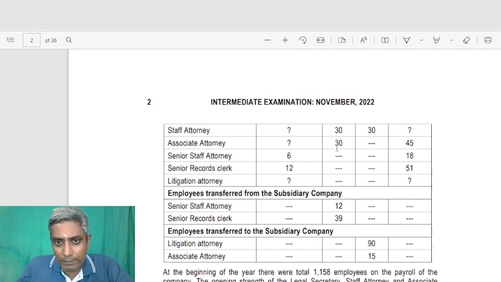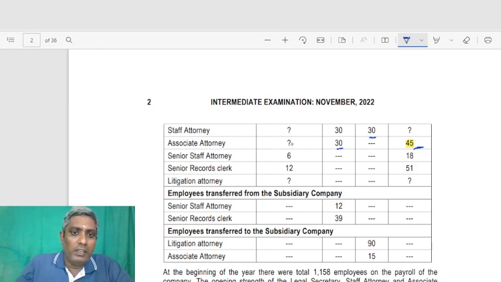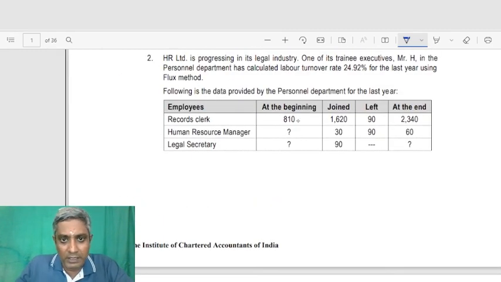Each data which is provided here is for us to understand the importance of data. Each data is very, very important. Now in this question, the question marks are the figures we need to arrive at. Say suppose beginning data, joined data, left data and end data, where three data are available. The beginning data is easy: the number at the end, minus joined, plus left, gives the beginning.